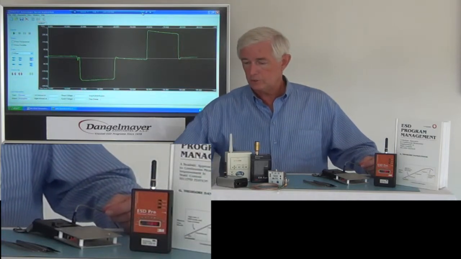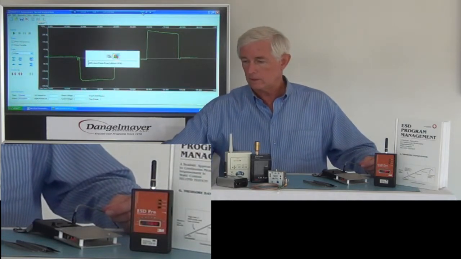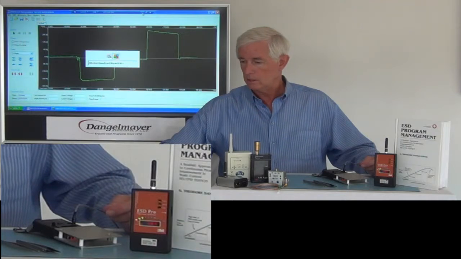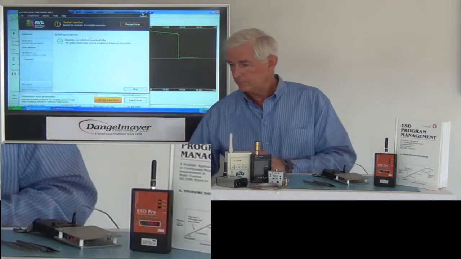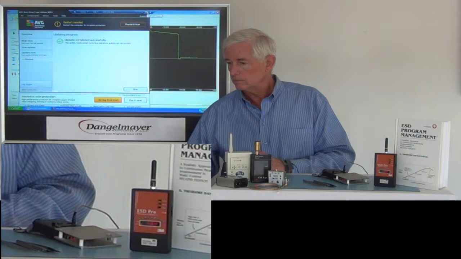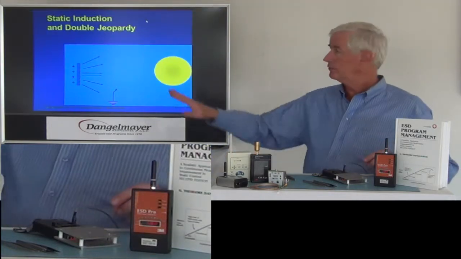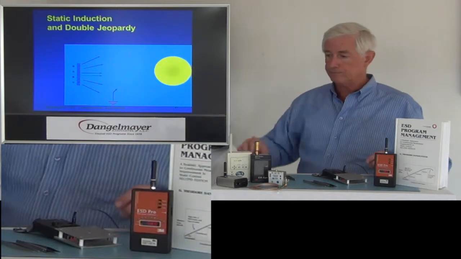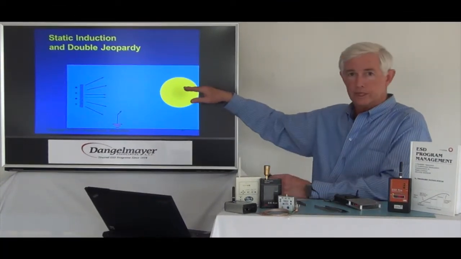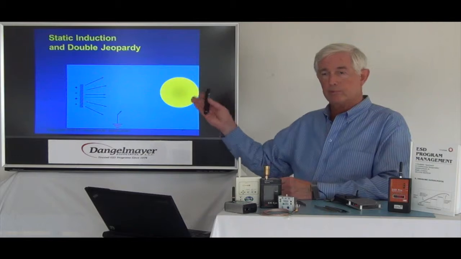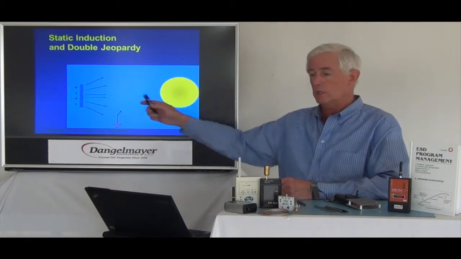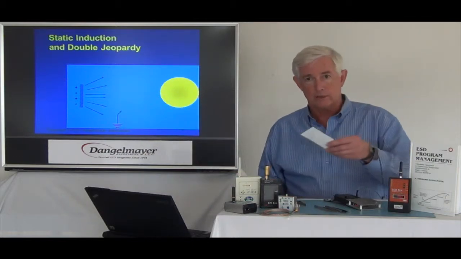Let's go back to the slide again. Bear with me. Here we have this same slide that we started with. Again, this is a metal disc, and it's going to be approaching this charge source, like we did with the insulator here a few minutes ago.